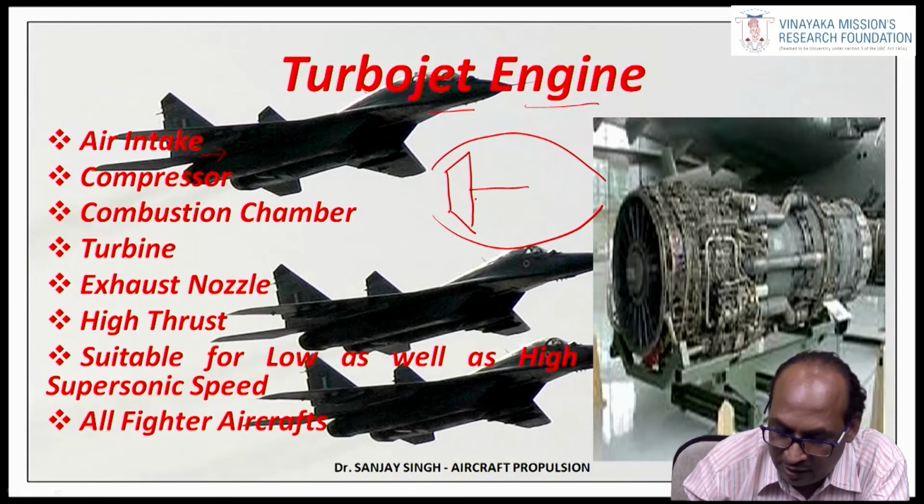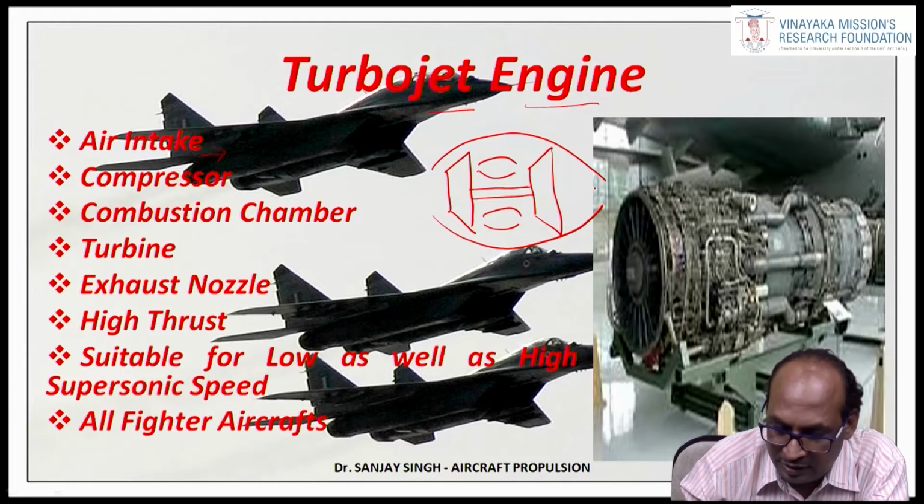This compressor will be connected with the compressor shaft, and it will have a turbine here. In between, a combustion chamber will be there, and this is called the exhaust nozzle.